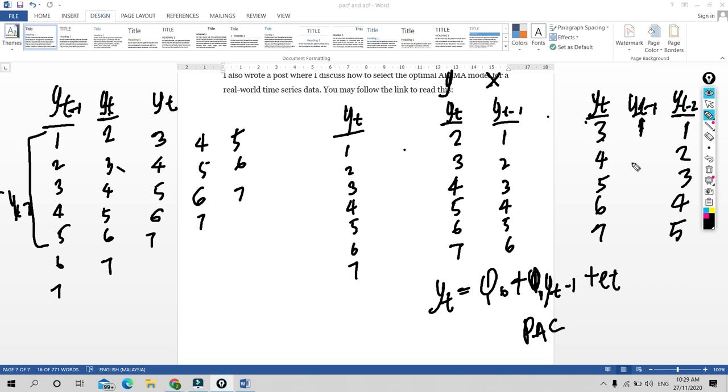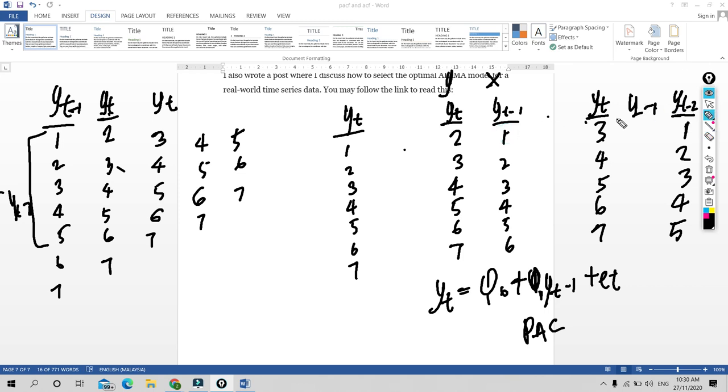So this phi 2 here is the PAC for leg 2. So you just pick up phi 2. You don't bother about phi 1 because this is partial. So phi 2 here, for this multiple regression, is your PACF leg 2. And phi 1 here is PACF leg 1. So don't confuse.